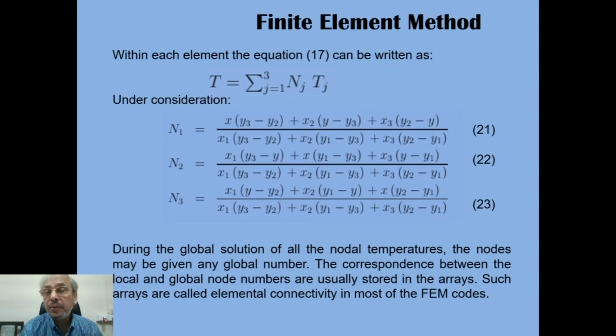When we compute, the points have the global node number. So maybe in a domain you have maybe 30 triangles, and you have maybe 50 points or 60 points.